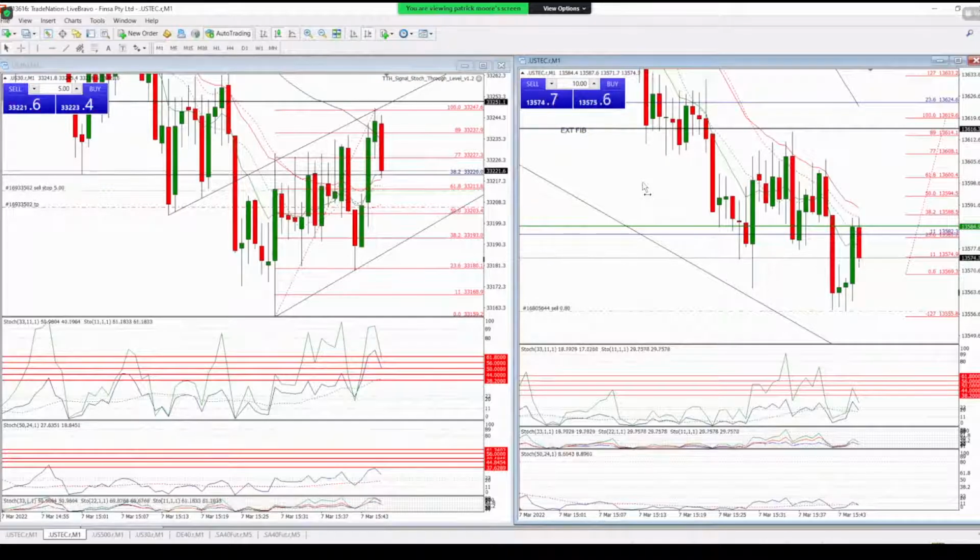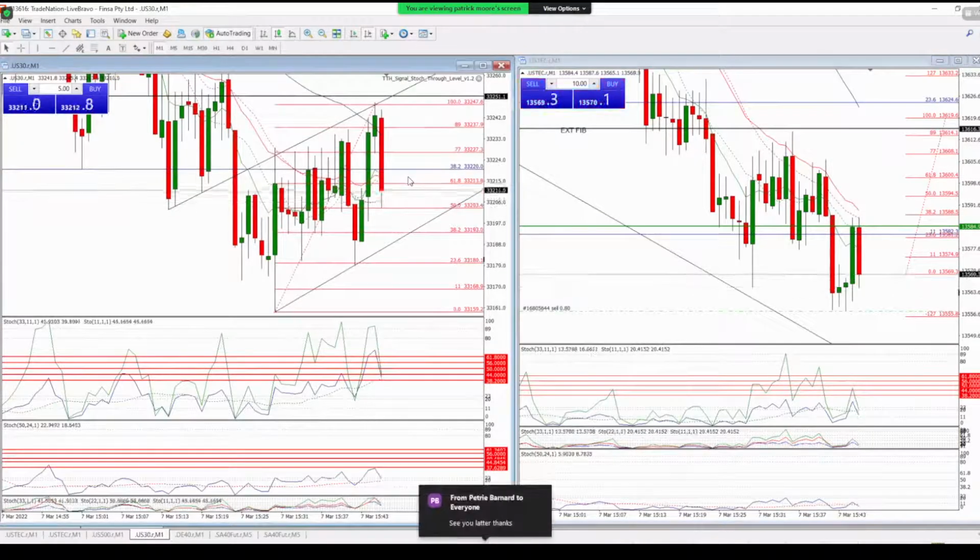And getting close to that trigger, 61 to 50. Took it. Aiming for the 50 hit TP.